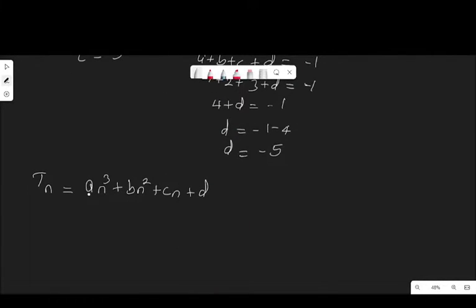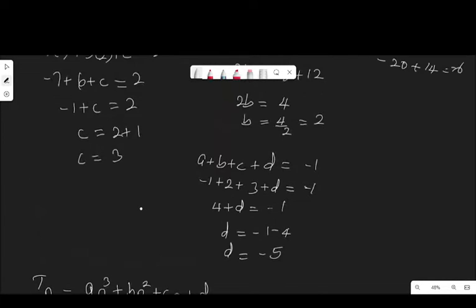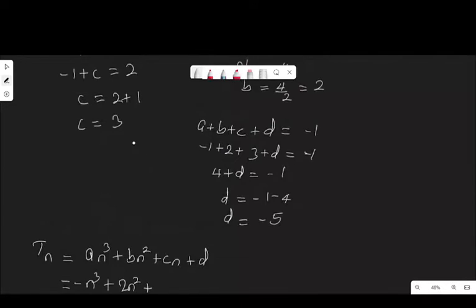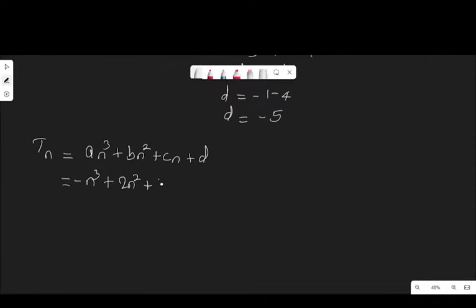Now, if I put minus 1 there, minus 1 times n is of course minus n. So minus n to the power of 3 plus b, which is 2, 2n to the power of 2 plus c, which is 3, 3n. Then d is minus 5. This is the nth term.